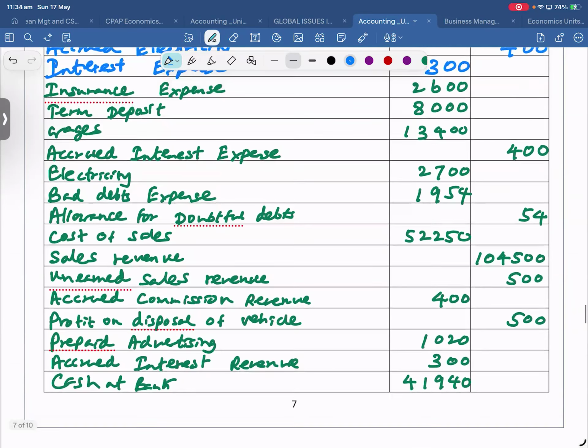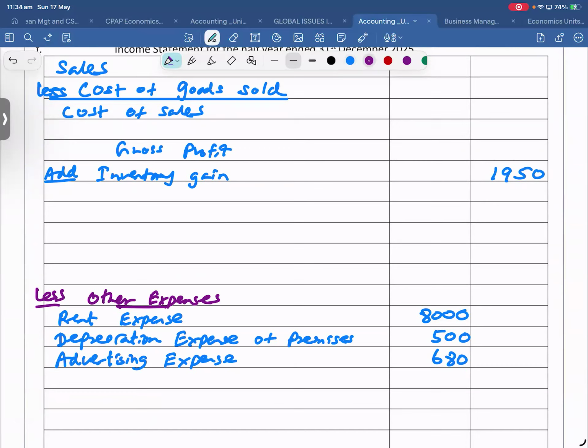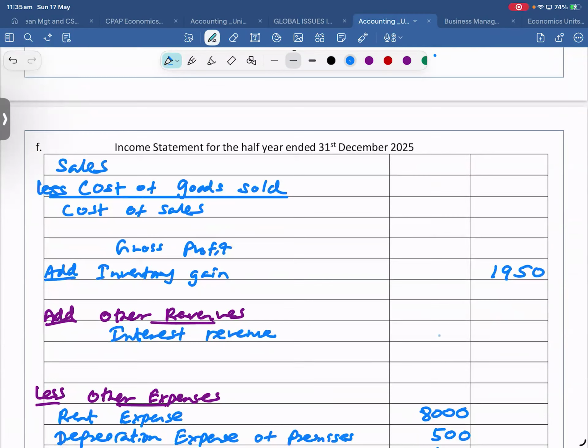Interest revenue 200. It is coming under other revenues. Interest revenue was 200. Right.